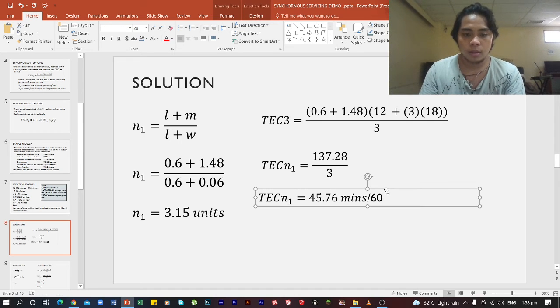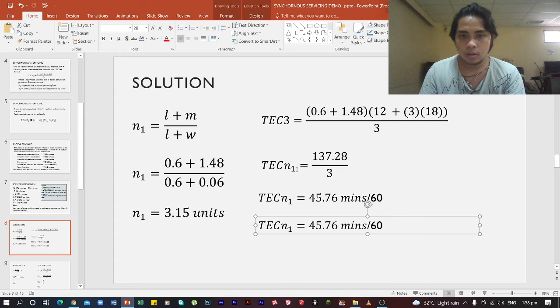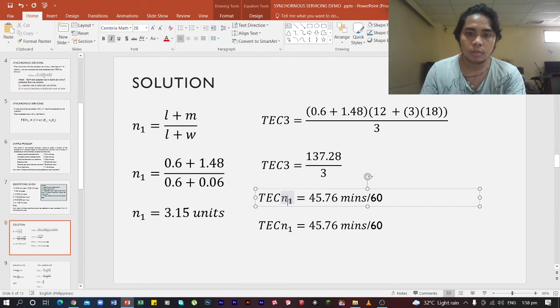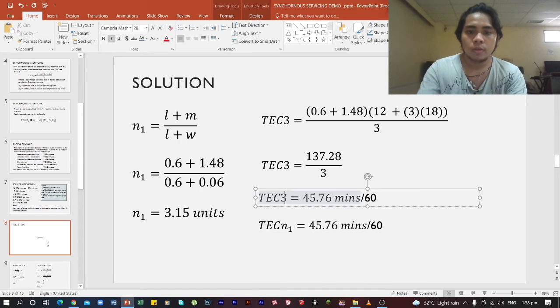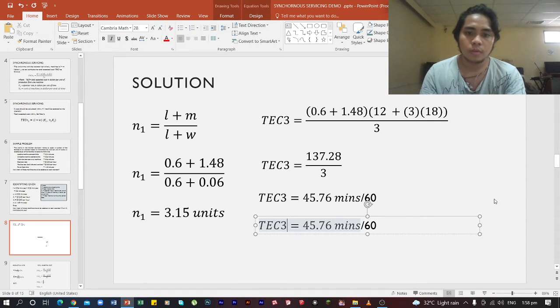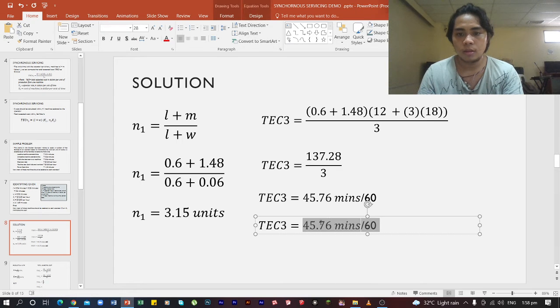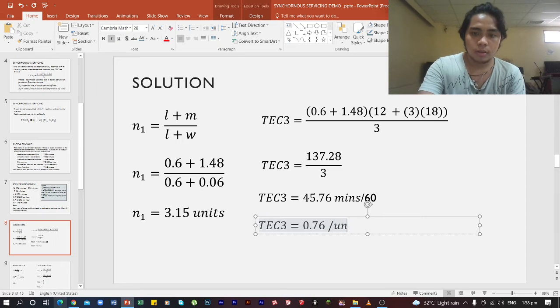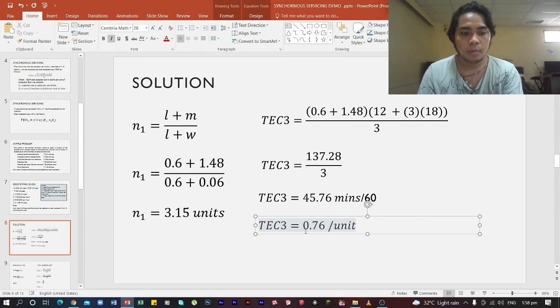So our TEC in sub 3 is equal to divided by 60. We'll get 0.76 dollar per unit.